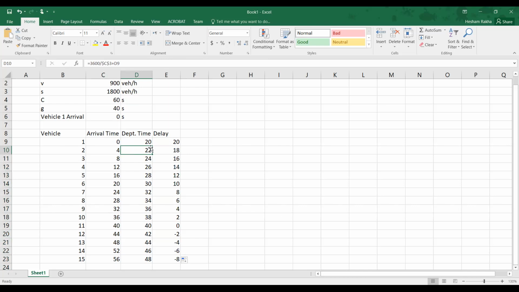Even if the queue clears, Kabul, it shouldn't be negative. Let's look at this vehicle number 12. We're saying that it's arriving at time 44 seconds, but it's leaving the intersection at time 42. Is that realistic? Can you leave before you arrive?